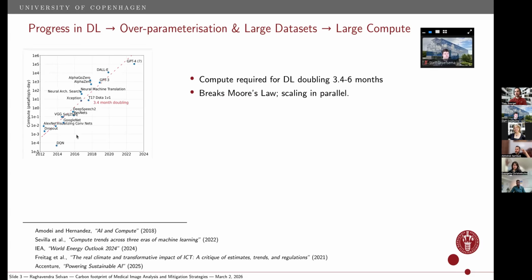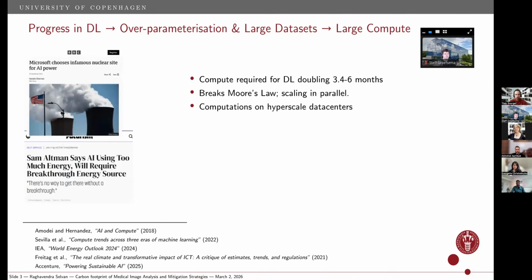Here's a plot from OpenAI back in the day, showing the amount of compute in logarithmic scale for different classes of models. And this trend has continued in terms of how much compute we need. It is doubling about every 6 months. And even if the model sizes aren't growing as much, the amount of data that is thrown at them is increasing. So these compute needs are continuing.